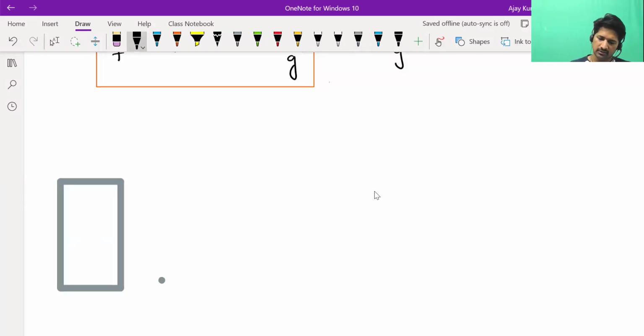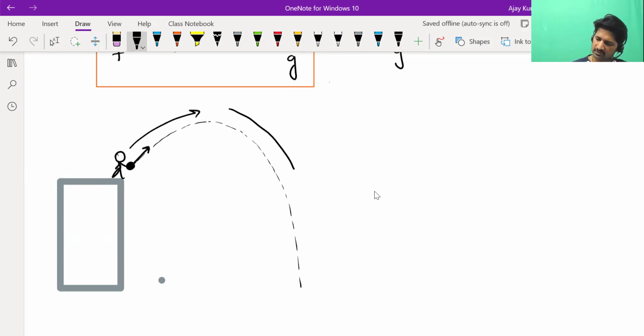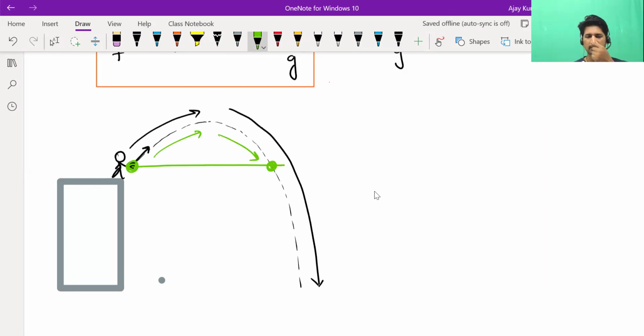So let's say there's a person standing on top of a building and the person throws a ball like this. You will see that the ball ascends to a certain height and then it descends to a greater depth. In that case, do you think time of ascent will be same as time of descent? Definitely not. Okay. Only if the starting point and the ending point are at the same horizontal level, time of ascent will be same as time of descent. Okay.